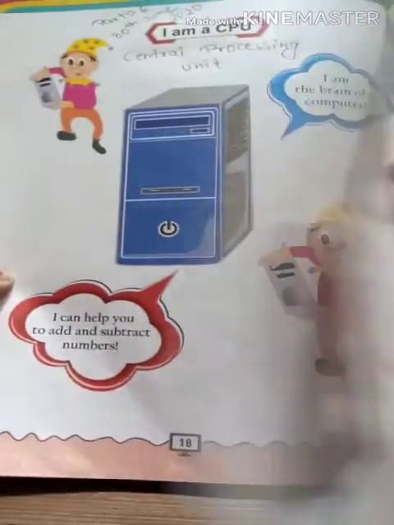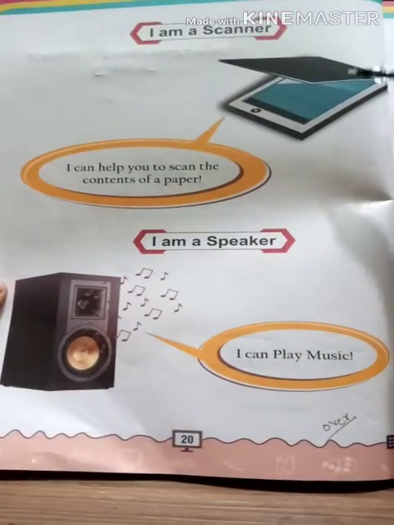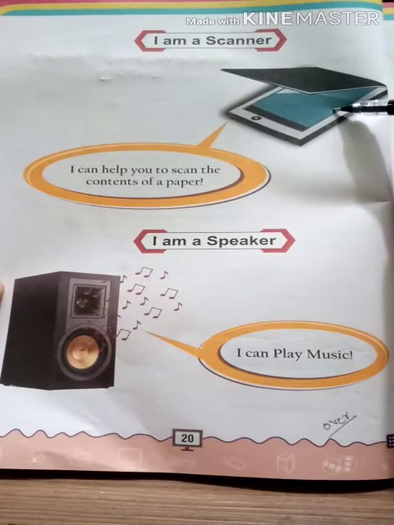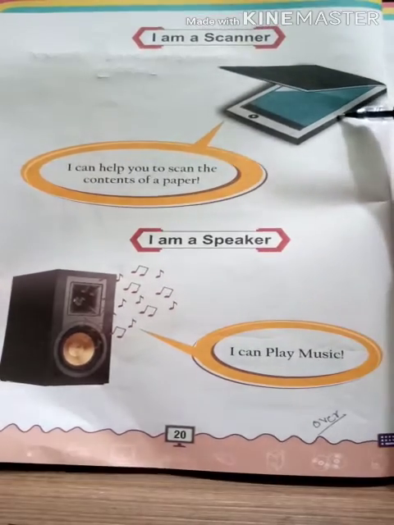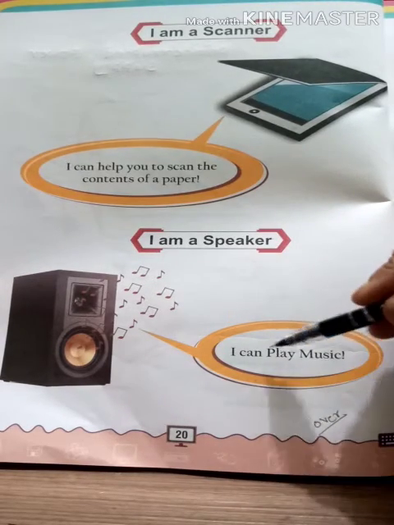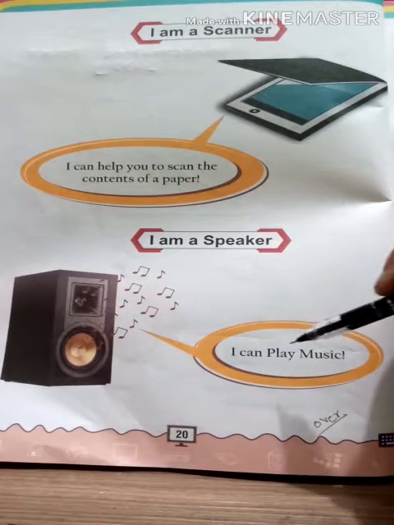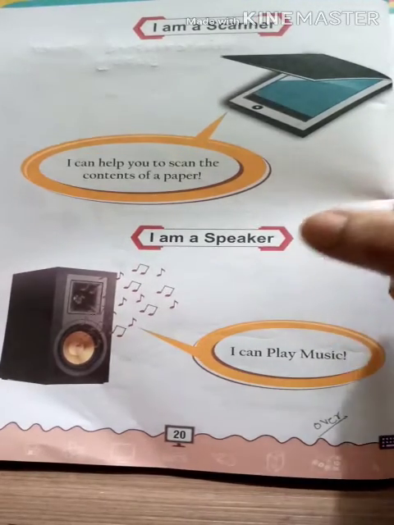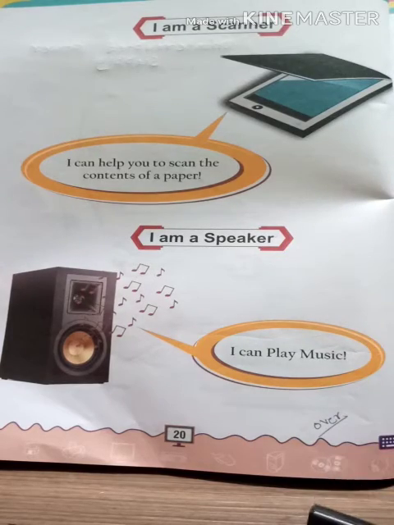The next part of our computer system is the scanner. It can help you to scan the contents of a paper. The other part is the speaker. I can play music by producing sound. So these are the different important parts of our computer system.